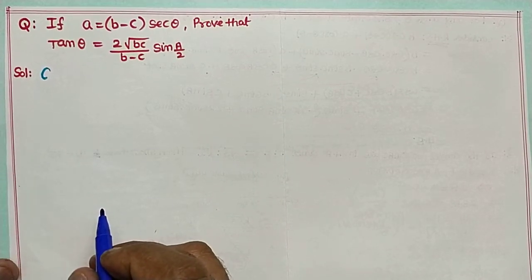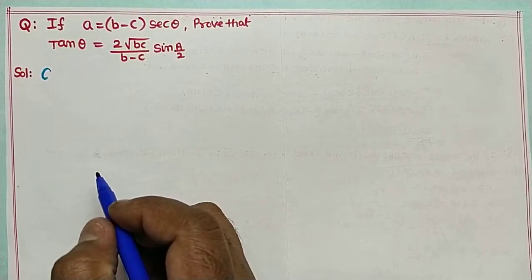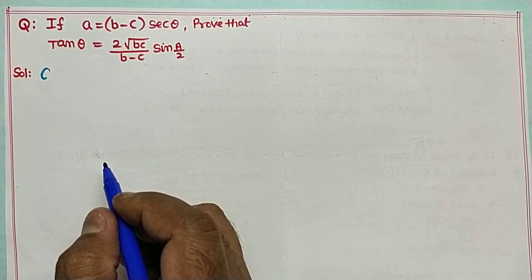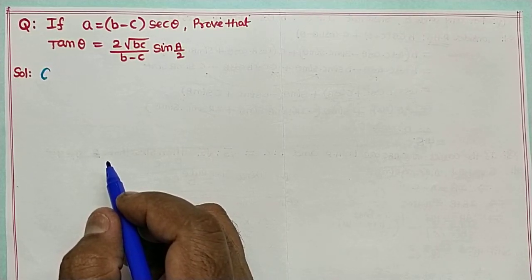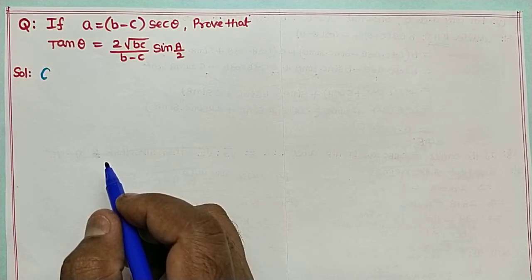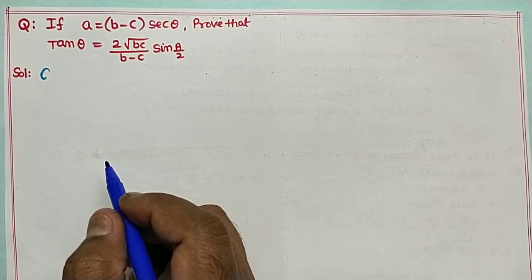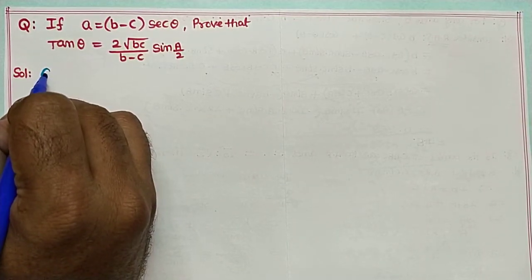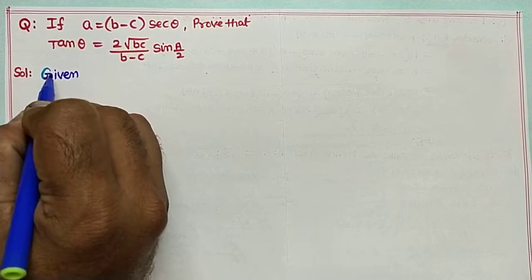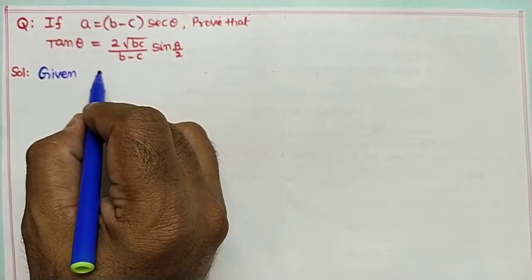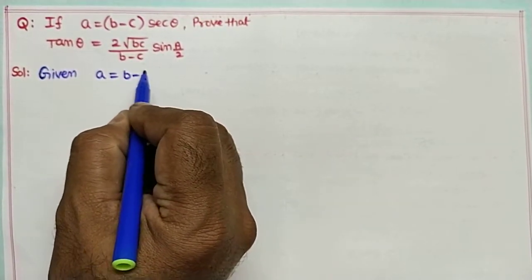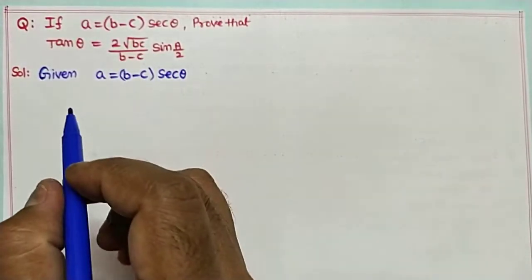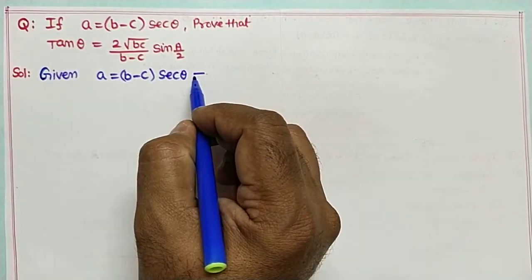The next question. If a equals b minus c into secant theta, prove that tan theta equals 2 root bc by b minus c into sin A by 2. See here, given a equals b minus c into secant theta. So from this, make secant theta the subject.